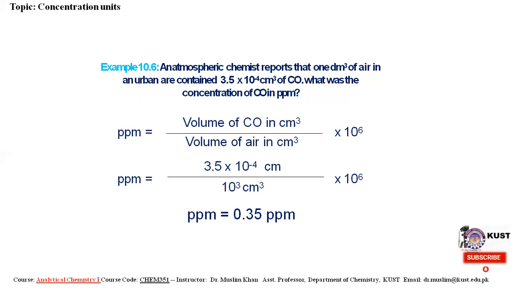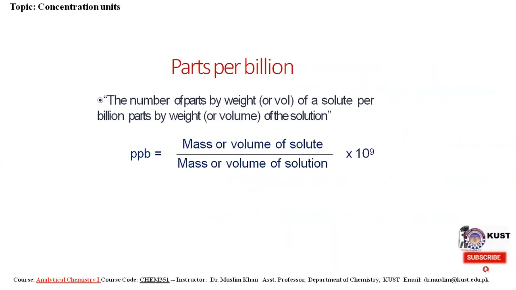in that urban area. So the next one is parts per billion. Parts per million and billion are the same. The formula is the same. The only difference is the multiplication here with 10 raised to the power 9 instead of 6.